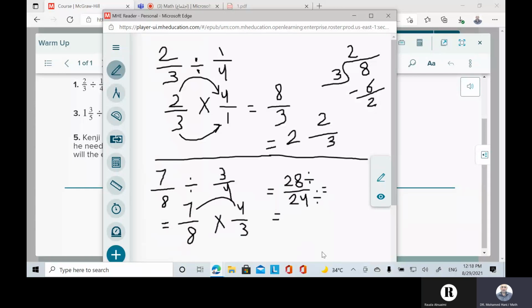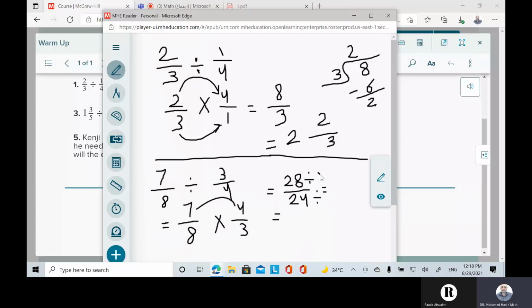Which number can divide 28 and 24 at the same time? 6 can divide 24, but cannot divide 28. 7 can divide 28, but cannot divide 24. So what is the suitable number, the GCF between 28 and 24? 4.